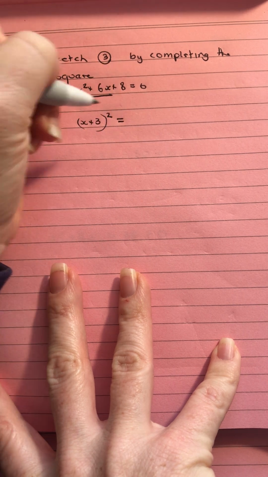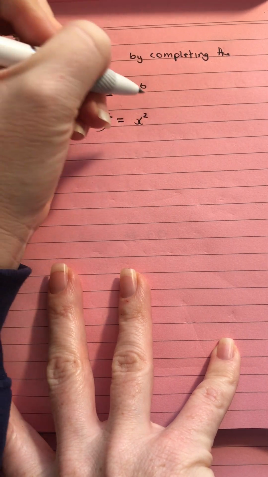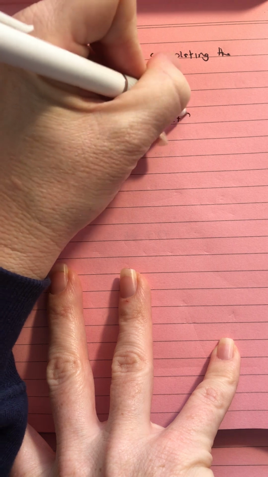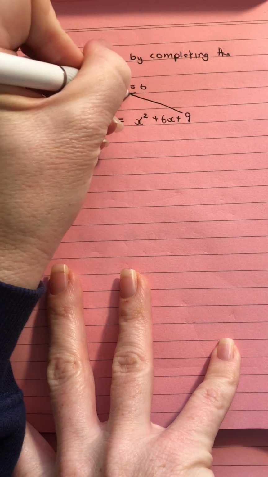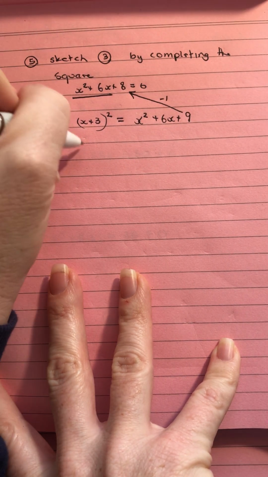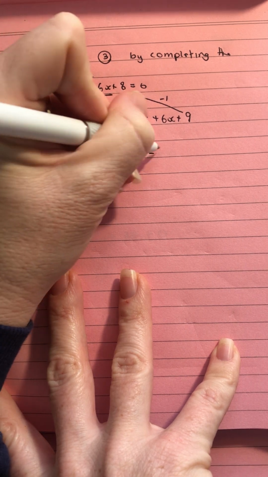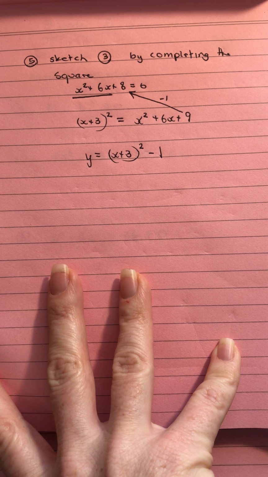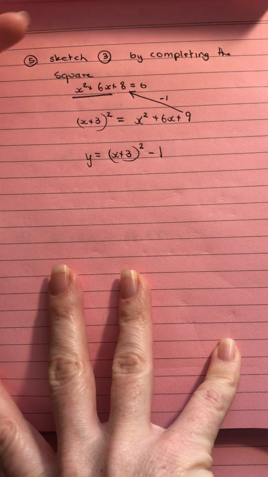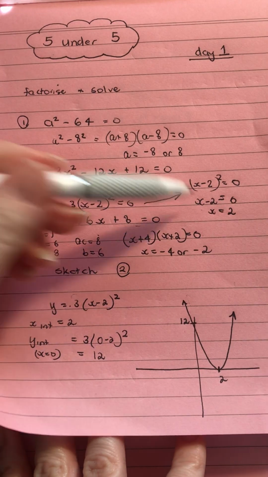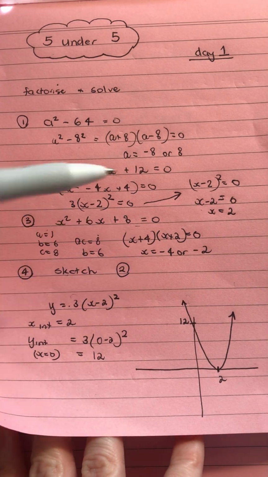When I expand that, I'm going to get x squared plus 6x plus 9. Now I want an 8, which means I need to have a minus 1. So I can write that that is (x plus 3) all squared, take away 1. Now when I'm solving that, I do have the option of making it a difference of 2 squares, but I've already solved it back in number 3 anyway. So I know that I've got x is equal to negative 4 or negative 2.